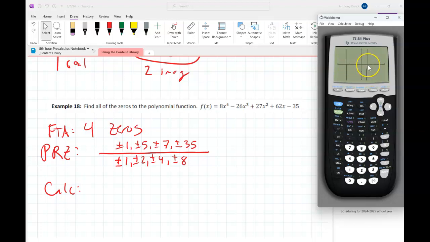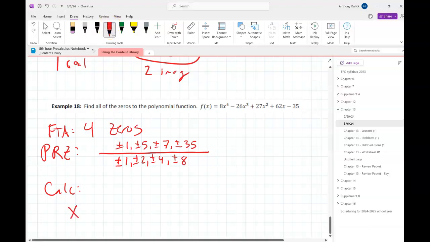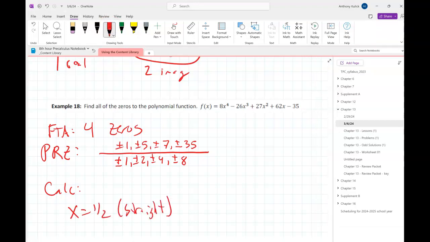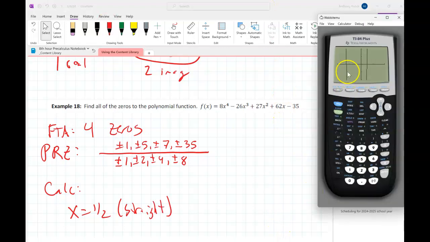Well, this one looks like a half, right? You guys buy that? What about this other one, though? What does that one look like? Just as a decimal, like -1.2 or something, maybe?